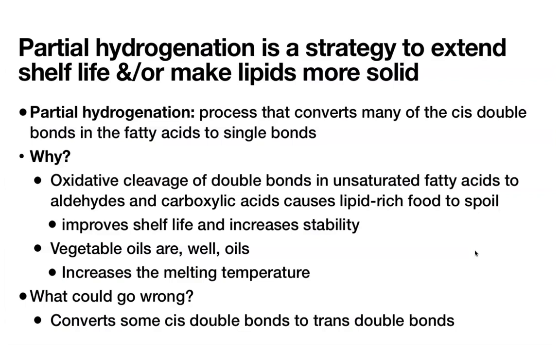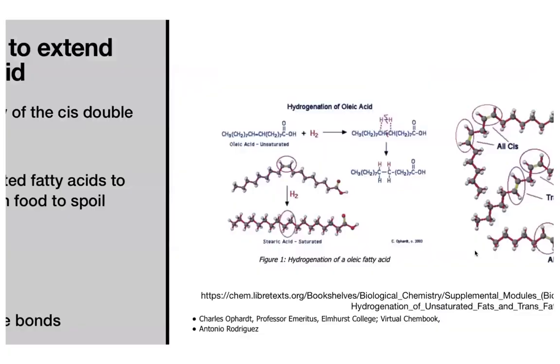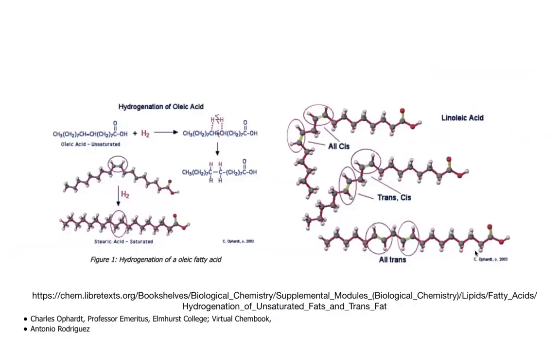And when this happens, it has the effect of accidentally creating a byproduct where it converts some cis double bonds to trans double bonds. So remember how I said that all of the natural fatty acids have cis double bonds? This is introducing these unnatural trans double bonds.